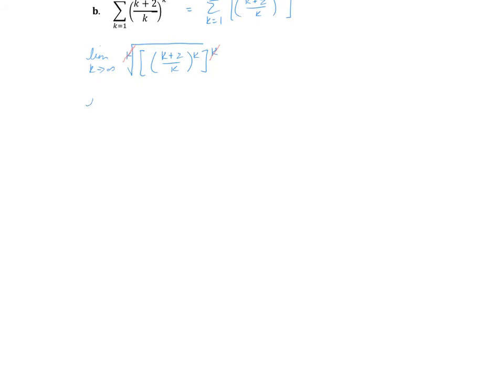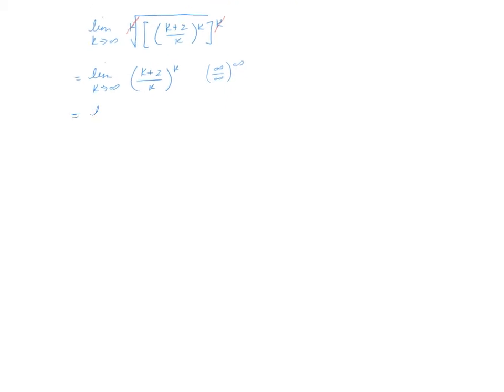This becomes the limit as k goes to infinity of k plus 2 over k to the k power. Unfortunately, that's infinity over infinity to the infinity, and the infinity over infinity is an indeterminate form.